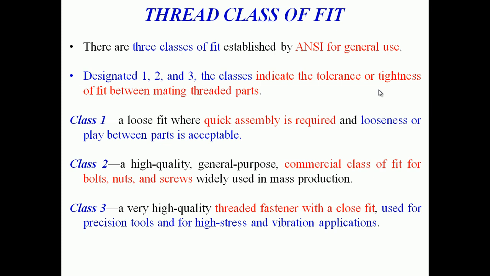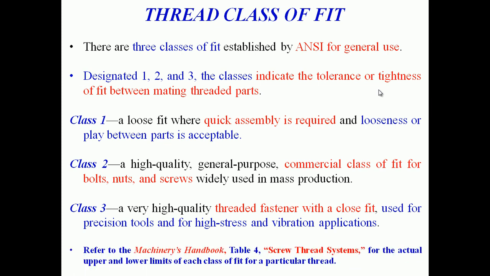So based on your applications or the industry needs, we can clearly define the thread as class 1, class 2 or class 3. Further, you can refer to the Machinery's Handbook, Table 4, Screw Thread Systems for the actual upper and lower limits of each class of fit for a particular thread.